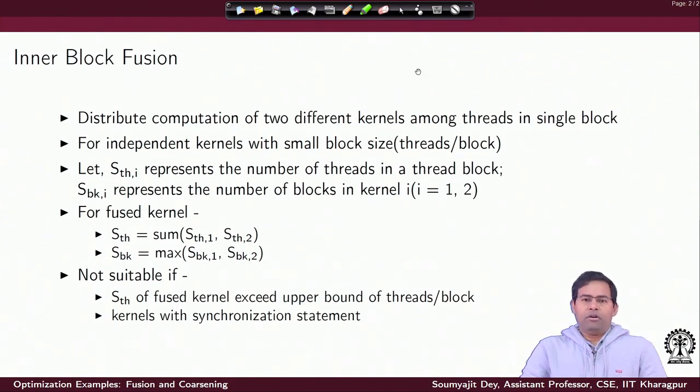Apart from the issue with this upper bound, the other issue is that for kernels with synchronization statements, the idea of inner block fusion would not be suitable, simply for the reason that a synchronization statement will force synchronization for all the threads in a block, and it cannot work for a subset of threads which will be part of a block.